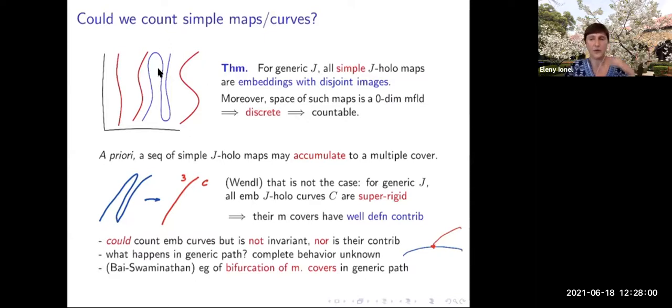In fact, as a consequence of our result, if you combine the structure theorem I was mentioning earlier with Wendell's super rigidity result, you can see, in the proof though, not the statement, that for generic J there is a well-defined count. This elementary invariant I was mentioning is nothing but a weighted count of embedded curves.